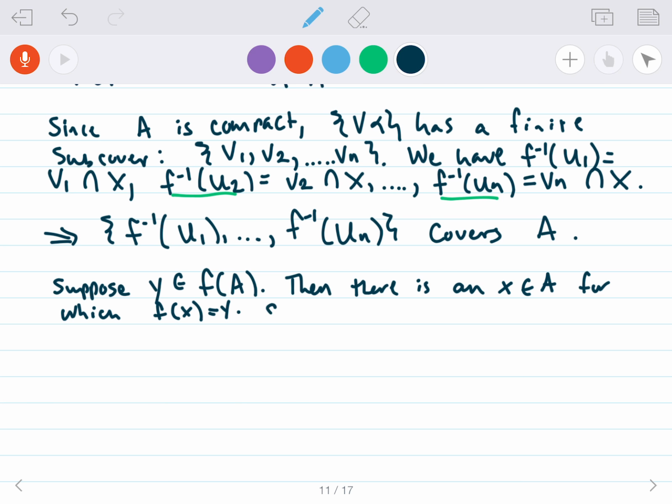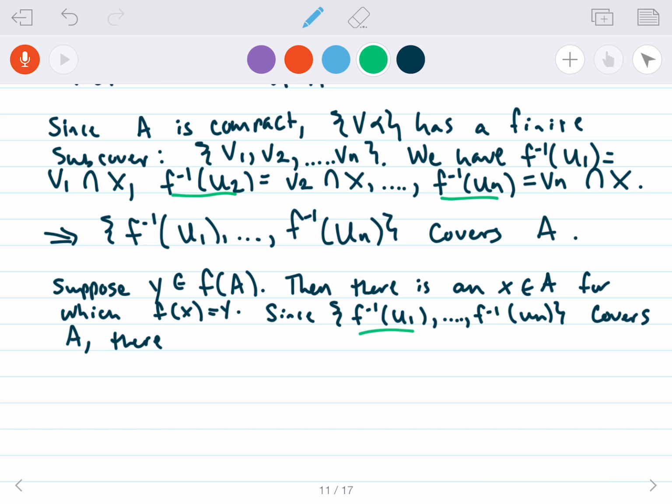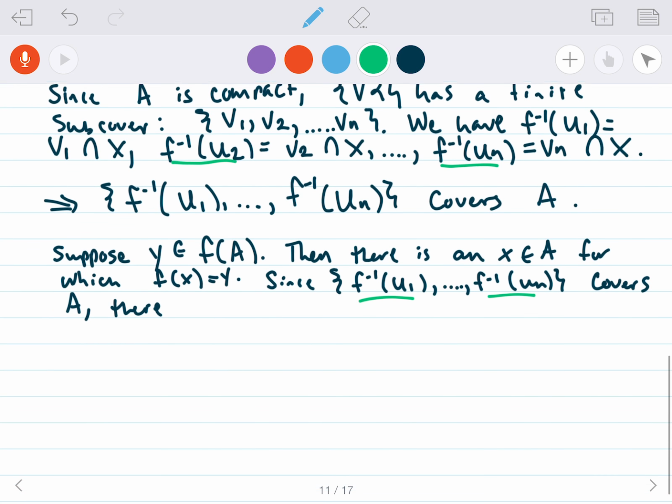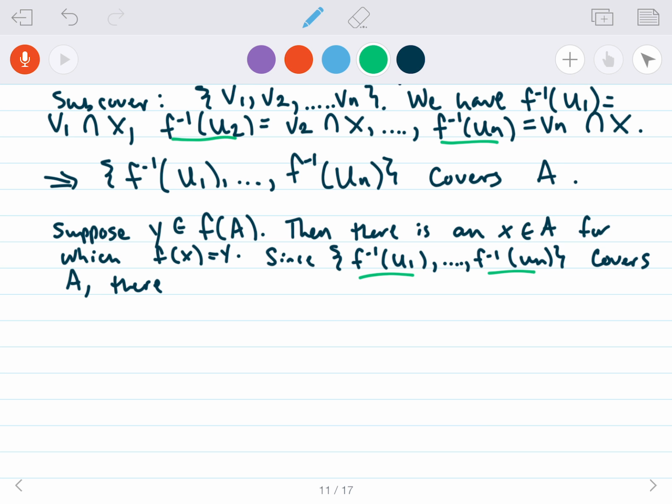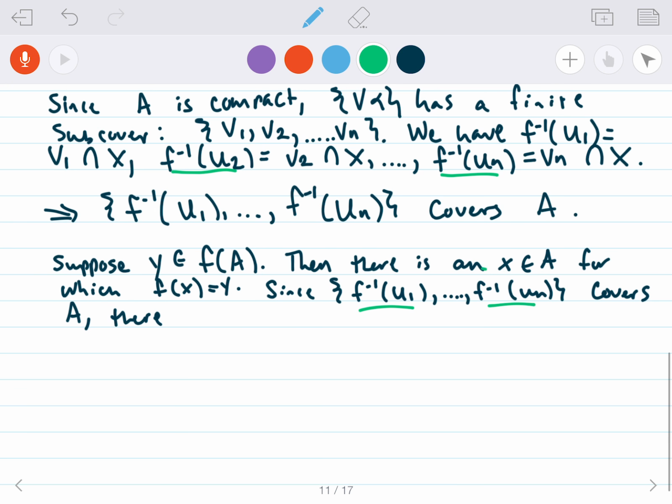And since this collection, U1 through UN, covers A, there's one of these that contains X. Because this completely covers A, we know that X is in A, so X has to be in one of these.